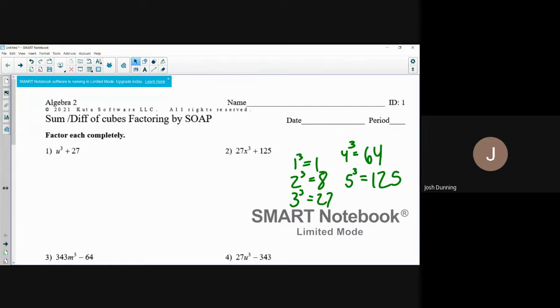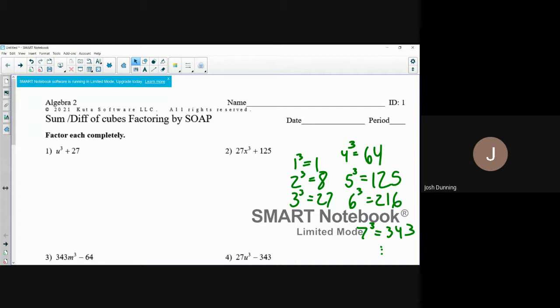Then 6 cubed is 216. 7 cubed is 343. And if we need any more, we'll have to cube some more.